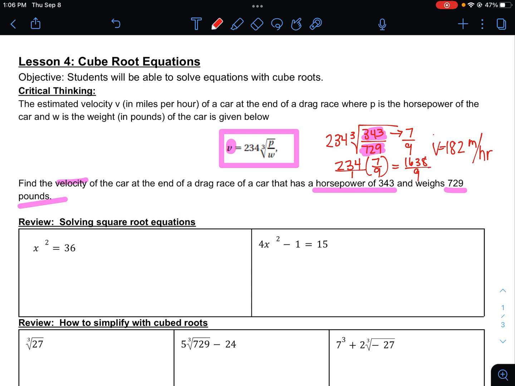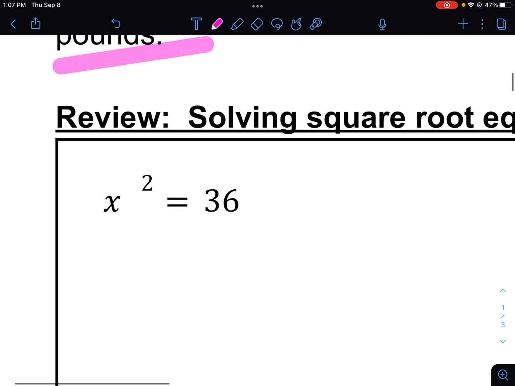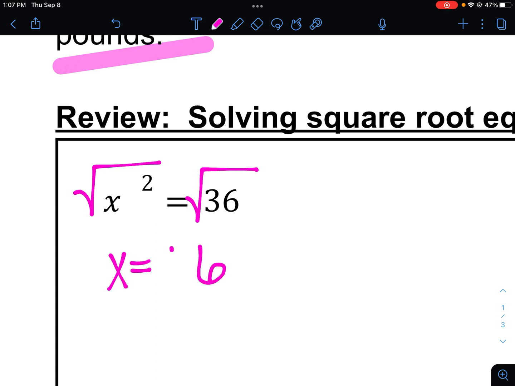All right, so reviewing square root equations, remember whatever we do to one side, we have to do to the other. So we are going to take the square root, or put that radical sign, over both sides of our equation. We bring down the x, and then we know the square root of 36 is 6. And remember, this answer can be plus or minus.